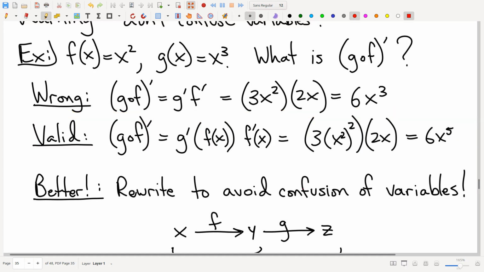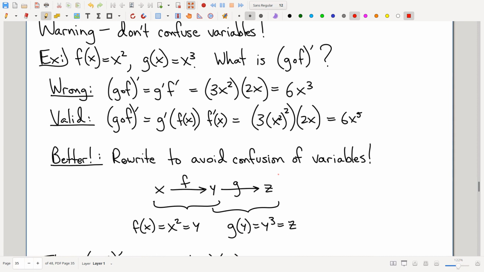So look how easy it is to avoid this problem. All I have to do is recognize that when I compose a function and another function, the thing that goes into the second function has to be the thing that came out of the first function. So the name that I give to g's input, well, it better not be x. g does not act on x.